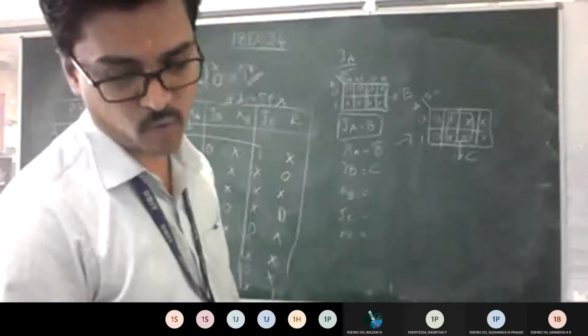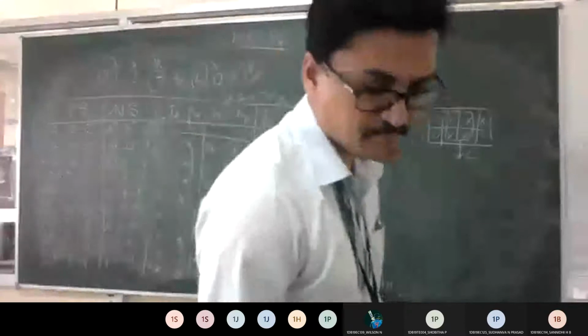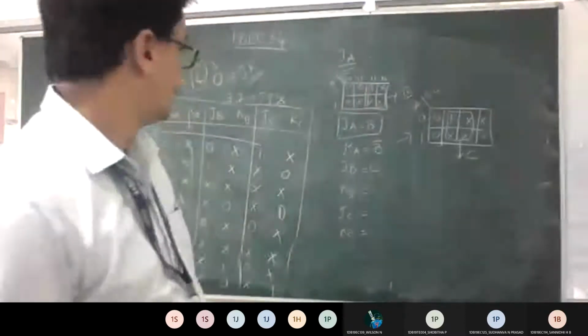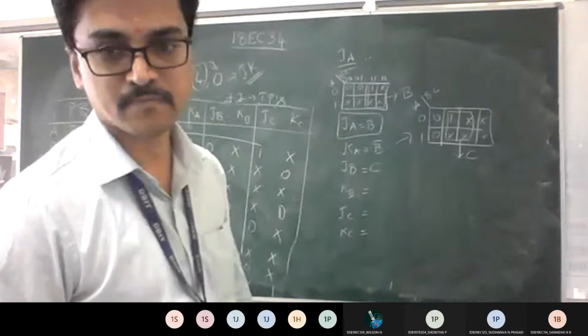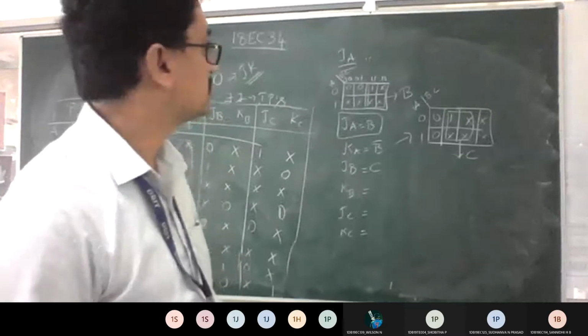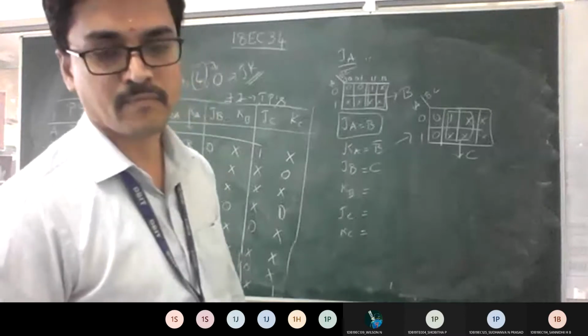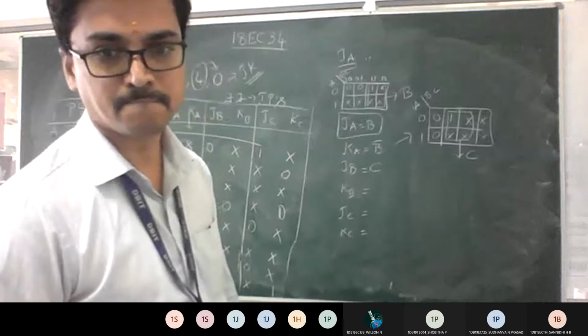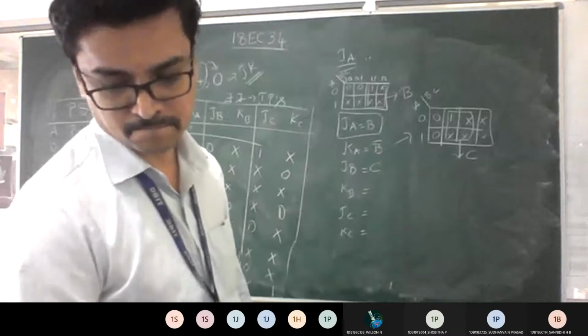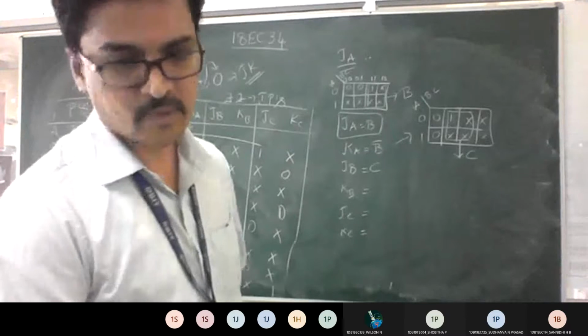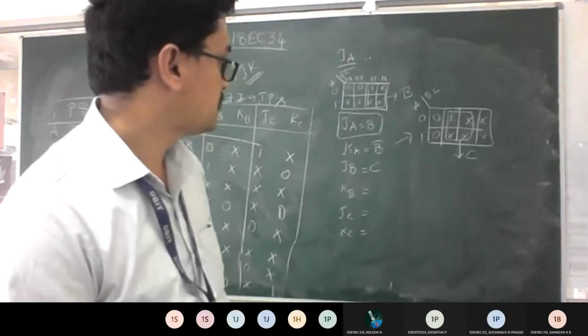So find all answers and tell me that. We'll plot one K-map for JKB also. What's the answer for KB?